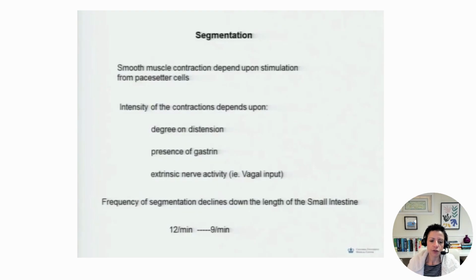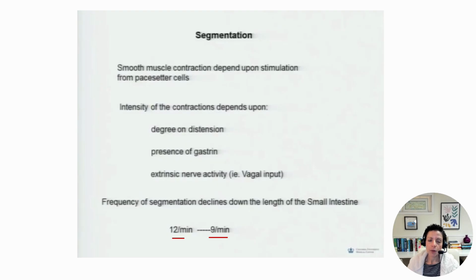The frequency of contractions in the duodenum starts at around 12 contractions per minute, and then as we move down towards the ileum, it gets slower, down to 9 contractions per minute. And so we end up with this slowly propulsive movement, because we are contracting faster in the upper small intestine than in the lower small intestine.